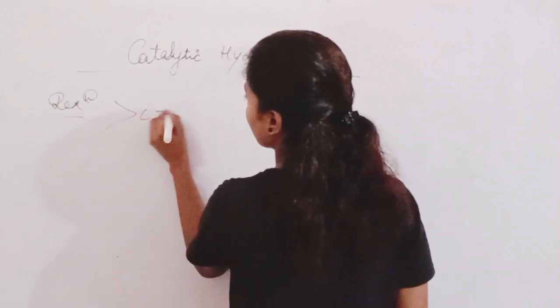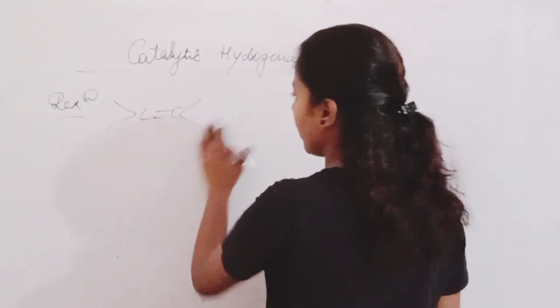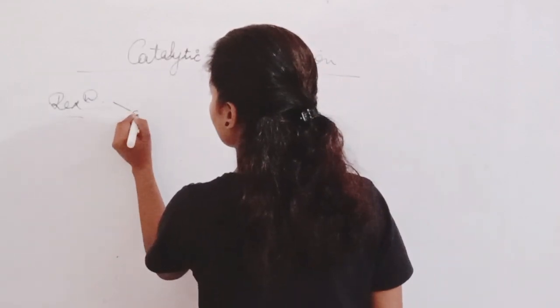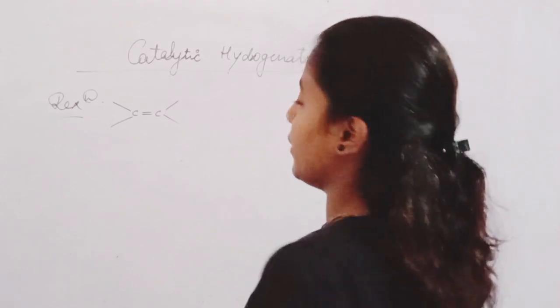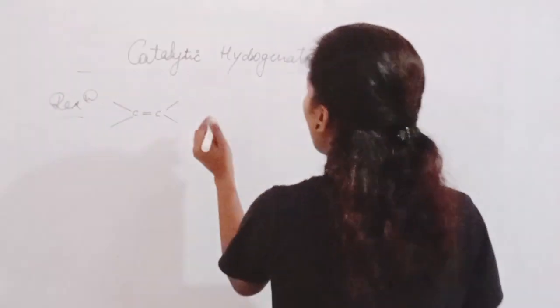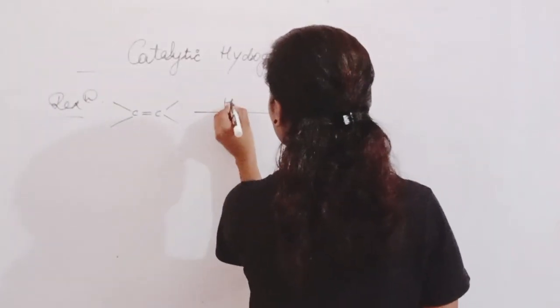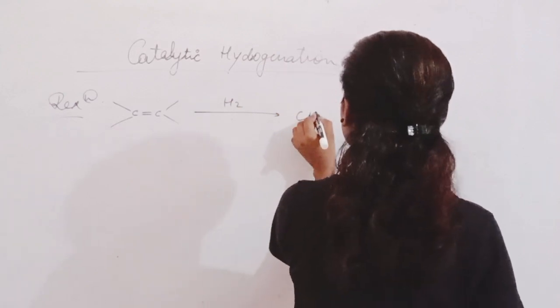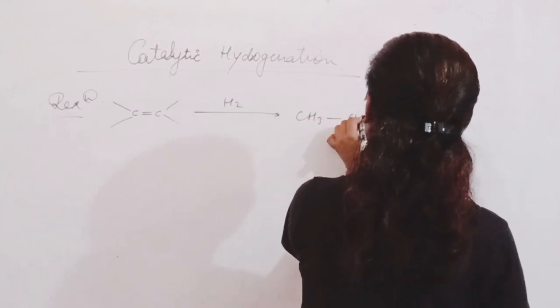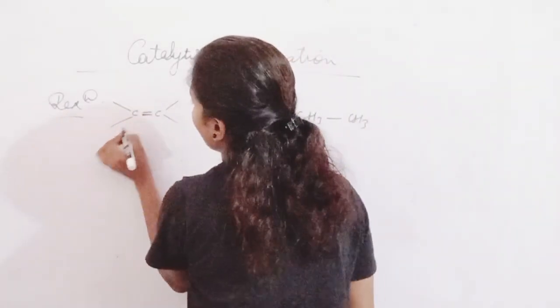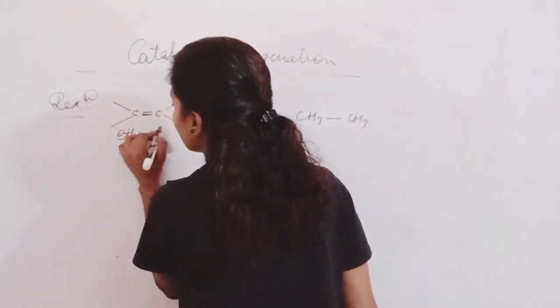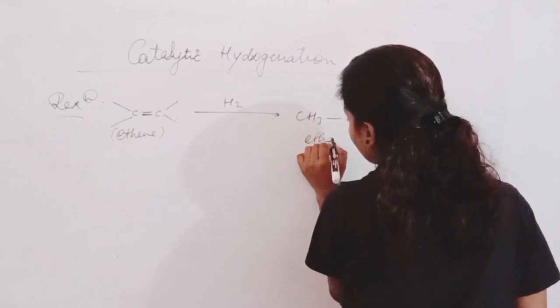Let's take, I just took ethene. Now I want adding of H2 with it, I'm getting CH3 bond with CH3. I want this bond to be broken, making ethene to ethane.